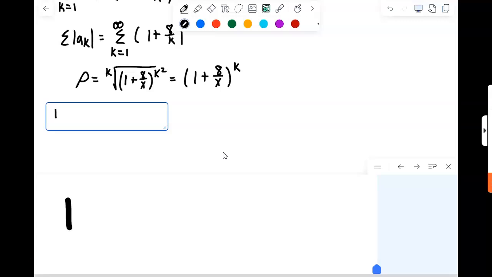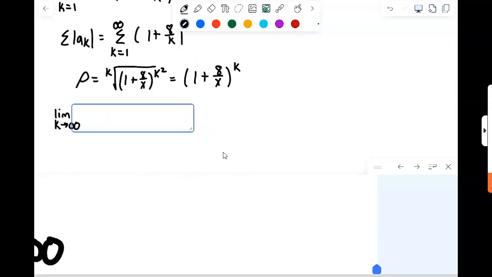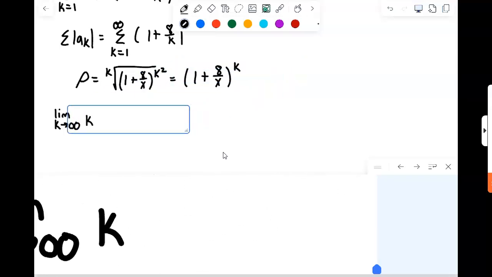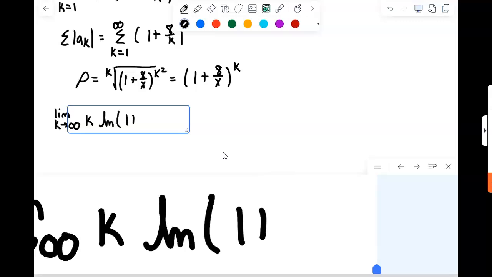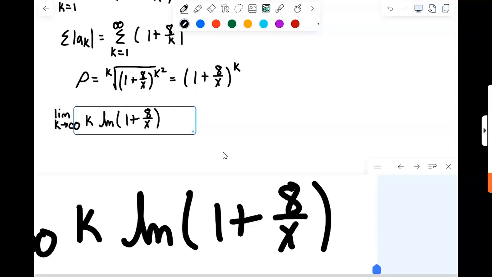So we apply ln to it, as we've done before. And when we do that, the k would come out front, and we would have k ln of 1 plus 8 over x. And that, of course, is an infinity times 0 limit.